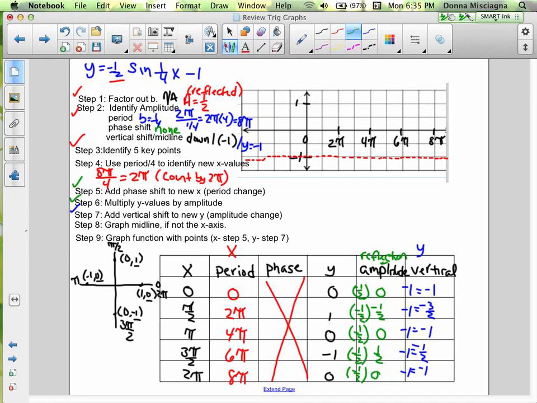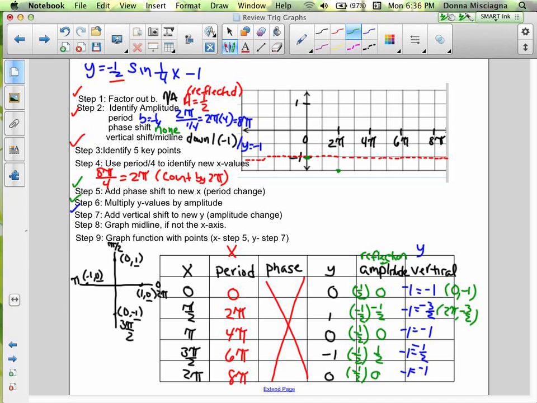So we have, and if it helps, I'll write them over here. 0, -1, right there. So it was an x-intercept, now it's just shifted down 1 because our graph is shifted down 1. And then we have 2 pi, -3/2. Right, so that would be right here.